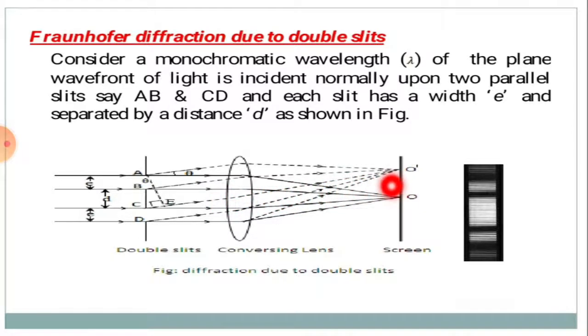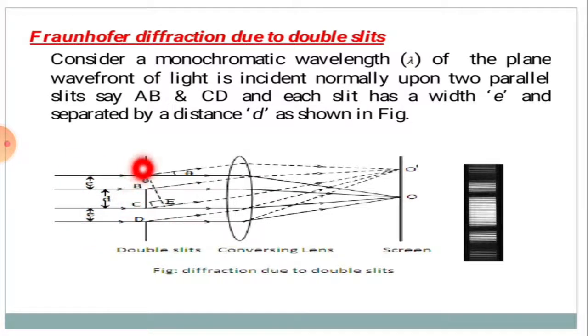like this. Let us try to understand the diffraction at a double slit with the help of this diagram. Here, AB and CD are two parallel slits of equal width e.